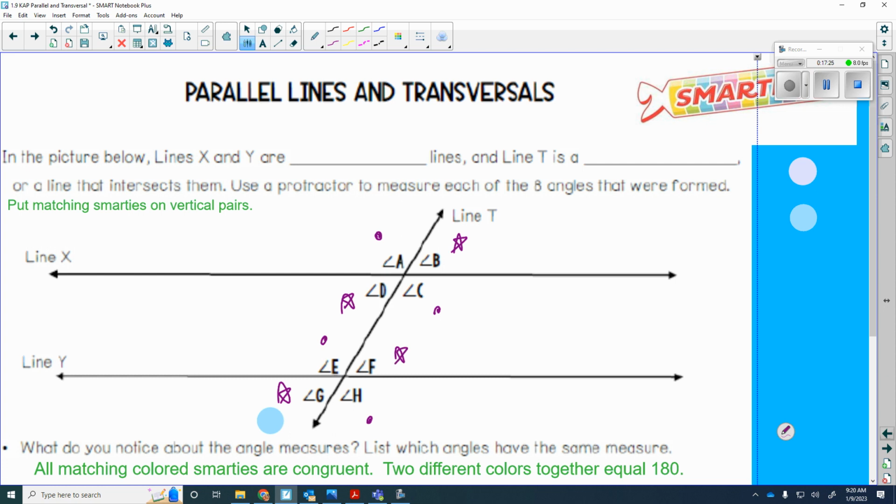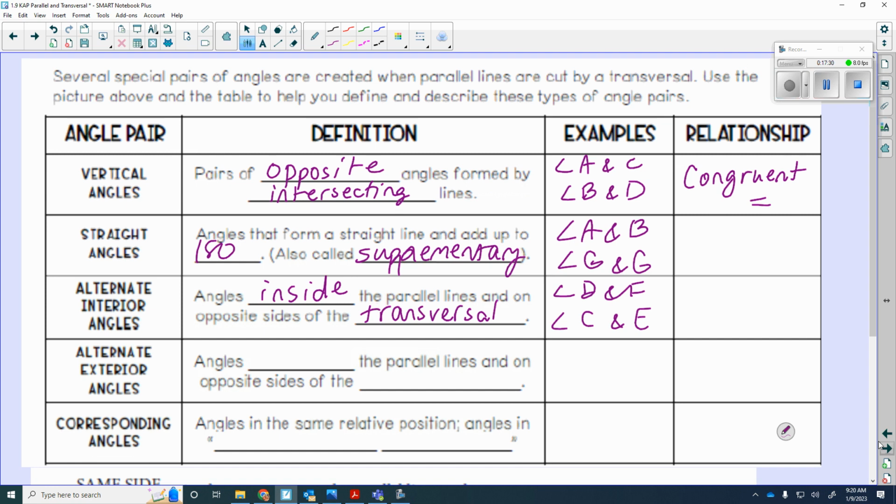Okay, so what are they? They are congruent to each other. That's right. Alternate interior are congruent. Oh, I forgot to write that here. I could write the word supplementary, but I just wrote 180. Same thing, right? Everyone understands that, huh? For the examples on straight angles, you put G and I didn't mean to put, I meant to put G and H. Thank you.